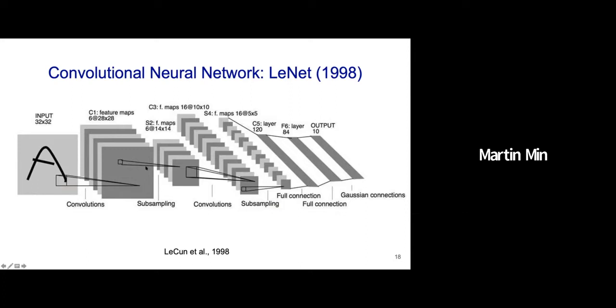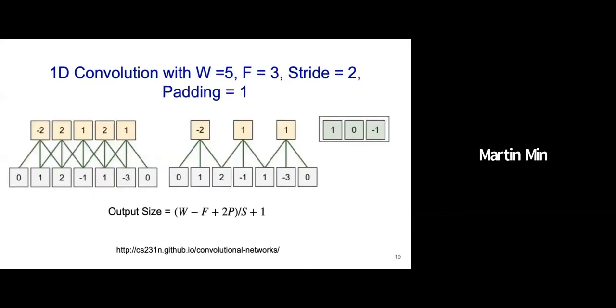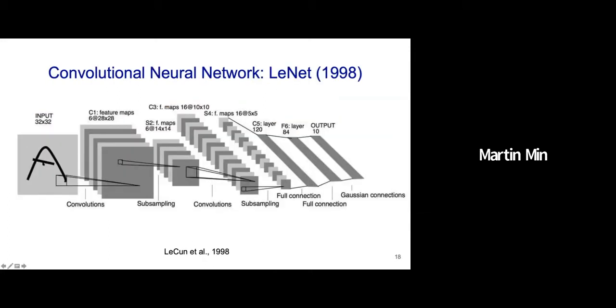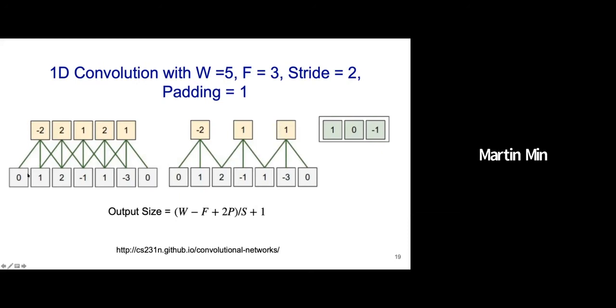Let's go to the details of how this convolution is actually performed. First, let me give you an example of 1D convolution instead of showing images. Let's say the image is a one-dimensional image of length 5, and our convolution is a 1 times 3 convolution.